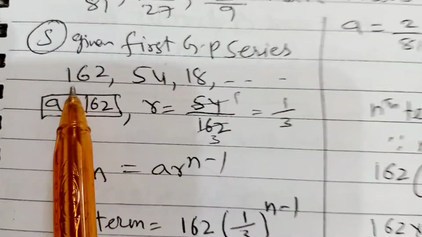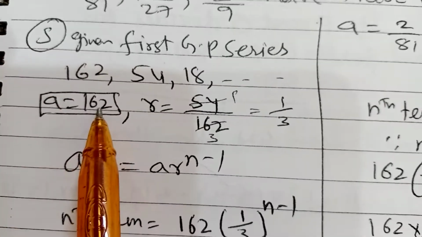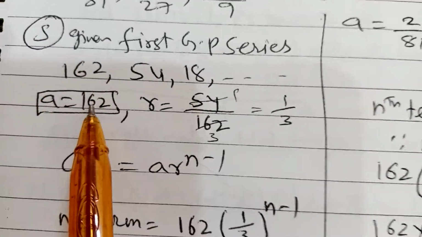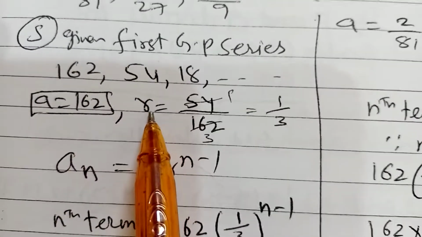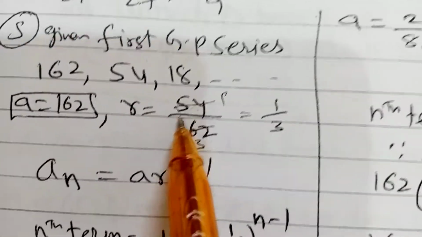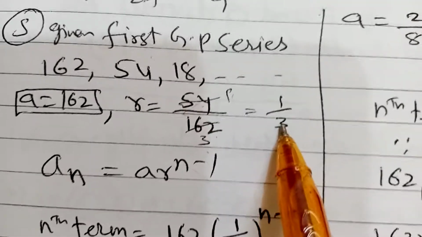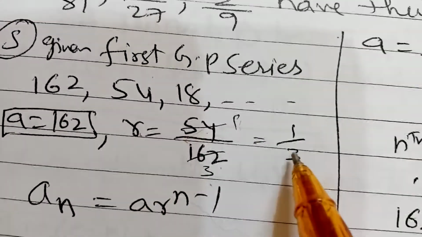Now, given the first series 162, 54, 18 up to series. So the first term a is equal to 162. Our formula is T2 by T1, 54 by 162. 54 ones are 54, 54 3s are 162, so 1 by 3. So r means 1 by 3.